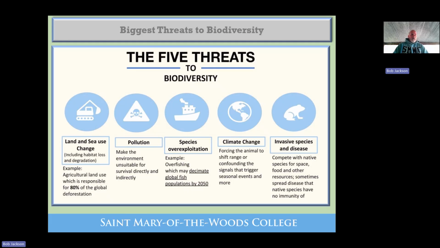The biggest threats to biodiversity, besides agriculture, is pollution. We overexploit some species, like fishing, whether it's salmon and halibut and grouper and tuna.